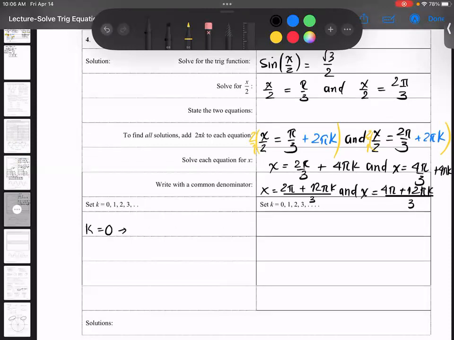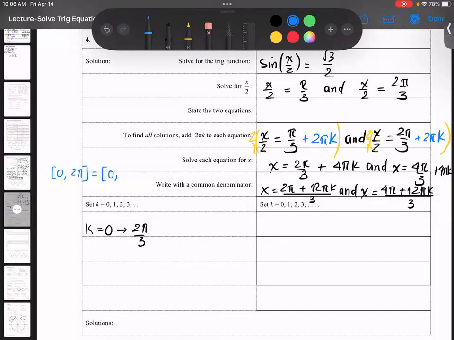Do the same thing, right? k equals 0. Plug into the first one. That's 2 pi over 3, right? Let me remind you, the one that I want is any answer between 0 and 2 pi. Can I write 0 to 2 pi as 0 to 6 pi over 3?